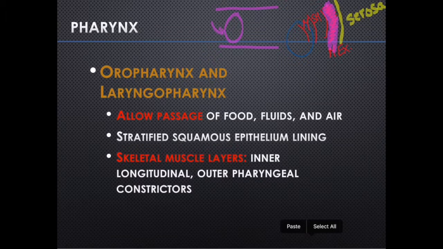The circular muscle layer is going to be to the inside of the longitudinal muscle layer in most of the cases. In most parts of the gastrointestinal tract, the circular muscle layer is located inside. So we're going to have an internal circular muscle layer, and to the outside, the longitudinal muscle layer.